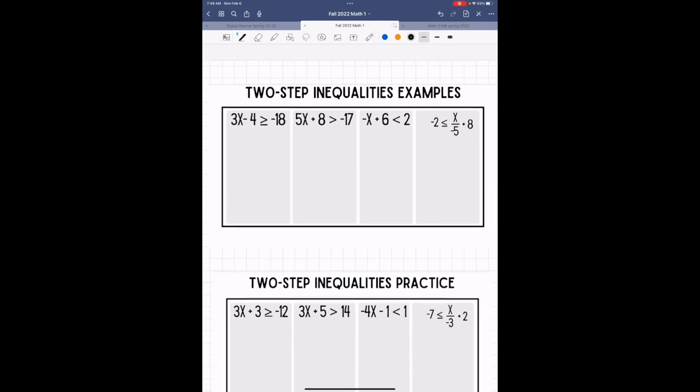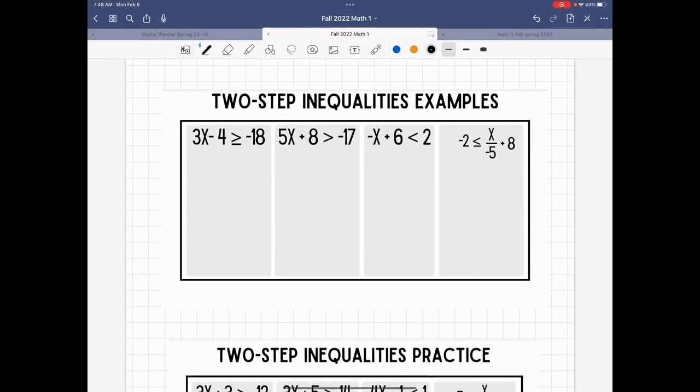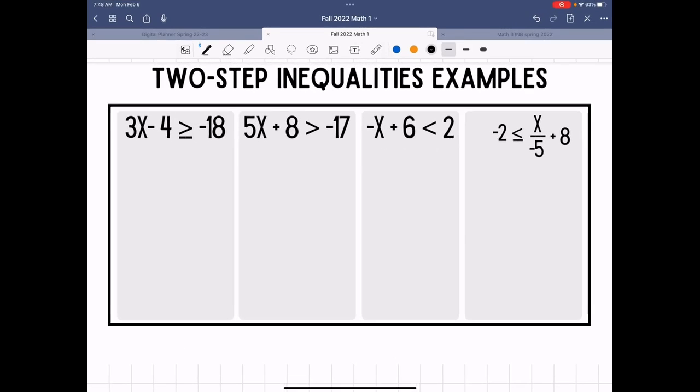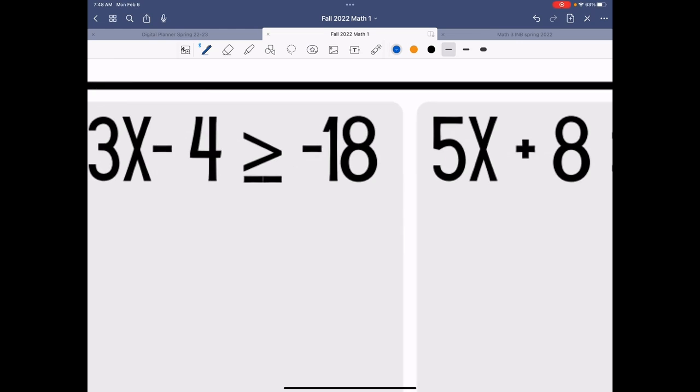All right, so now we have two-step inequalities. So if we look at these two-step inequalities, this right here is saying greater than or equal to. So we're going to undo our adding and subtracting, then our multiplication and division. So the first thing I'm going to do is add 4, do that opposite sign.